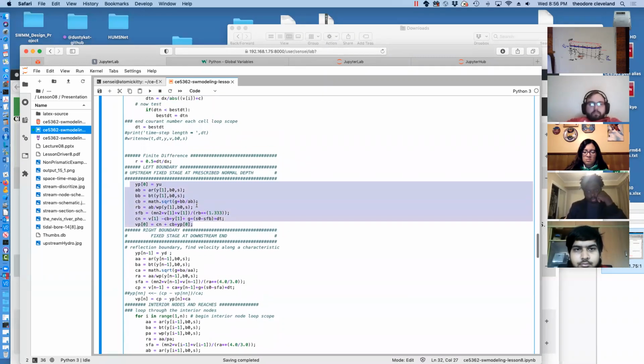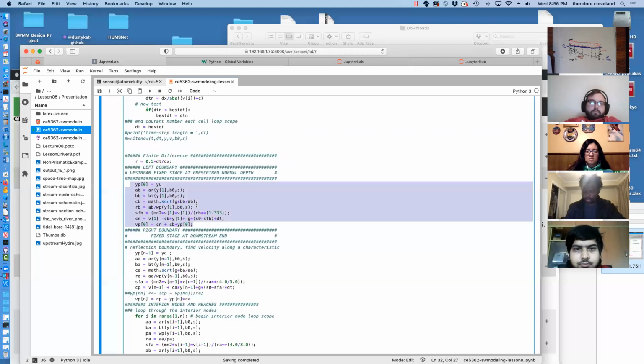What this section of script is doing is it's implementing a negative characteristic curve. If you read Sturm's book, where I pointed out the characteristic method last class meeting, there were two characteristic curves at any point.